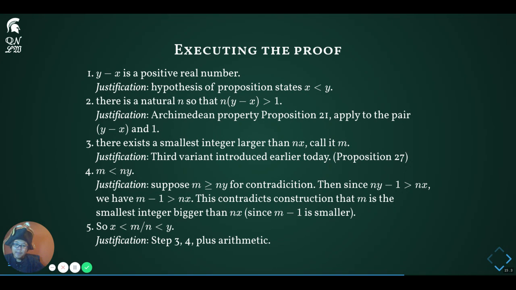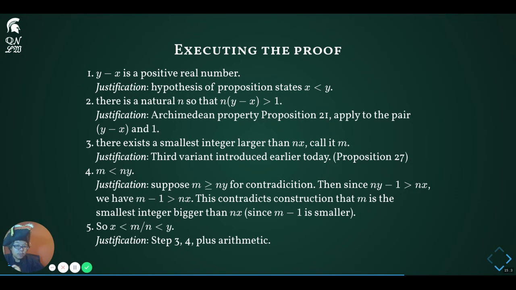I want to show that m has to be less than ny. So I argue by contradiction. Suppose m is at least as big as ny. Then, since ny minus 1 is more than nx, we also have that m minus 1 is more than nx. But this would give a number m minus 1, which is an integer which is smaller than m and which is still bigger than nx.